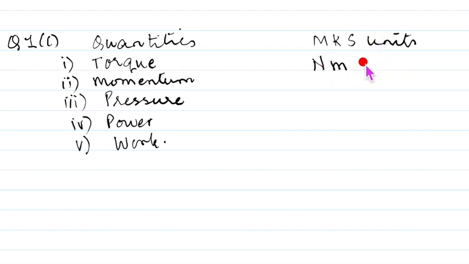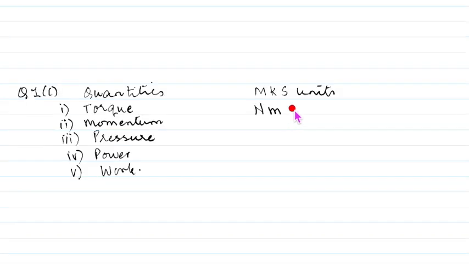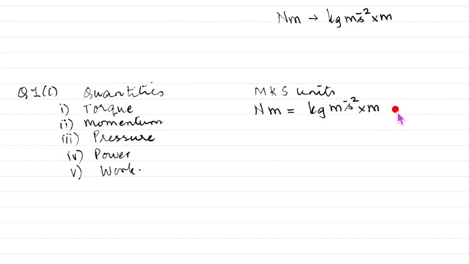But when we write the MKS system, you have to write this Newton as kg meter per second square, that is Newton, multiplied by meter. So this becomes kg meter per second square into meter, which is kg meter square per second square.